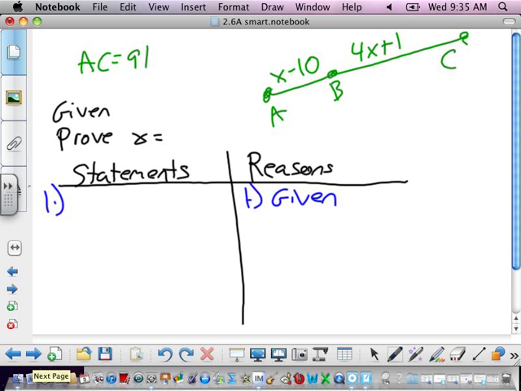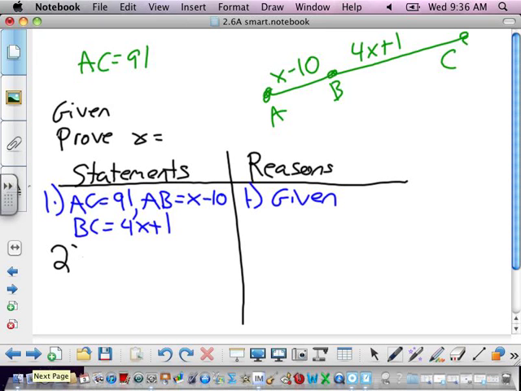So what do I have up here? I know this, right? AC equals 91. What else am I given up there? Very nice. AB equals x minus 10. What else? Good, guys. What do I want to give first?